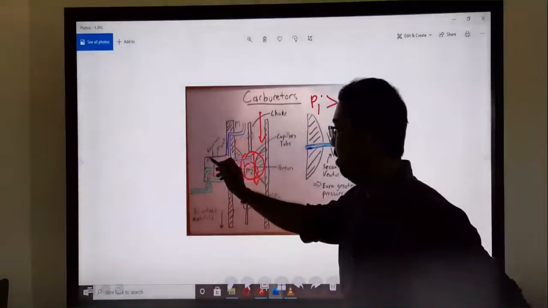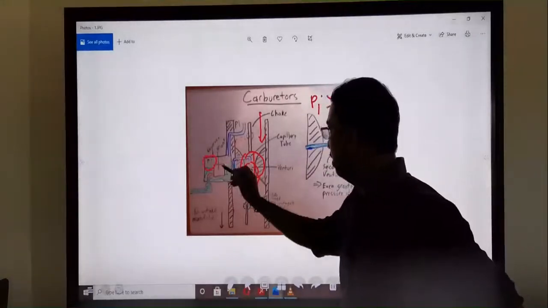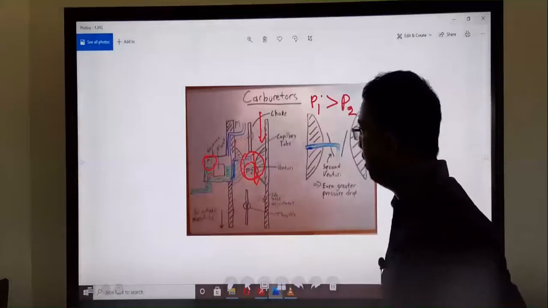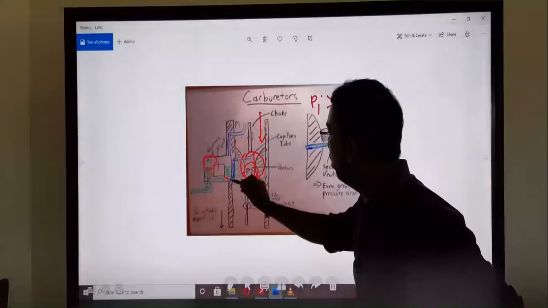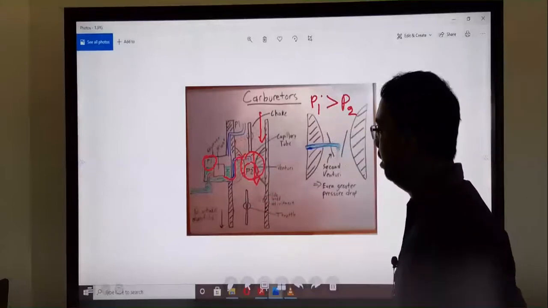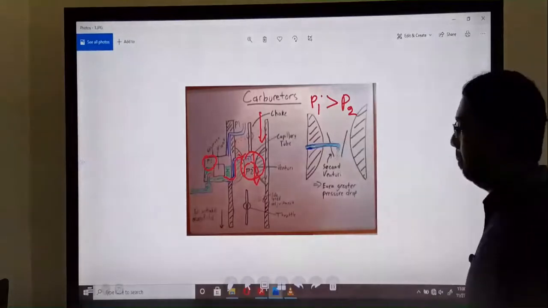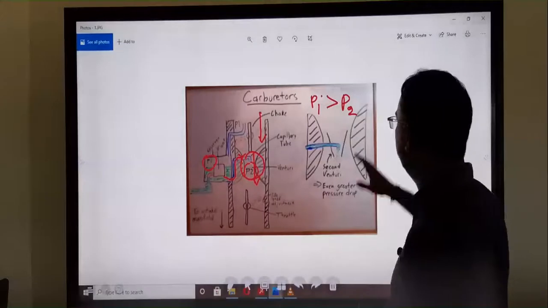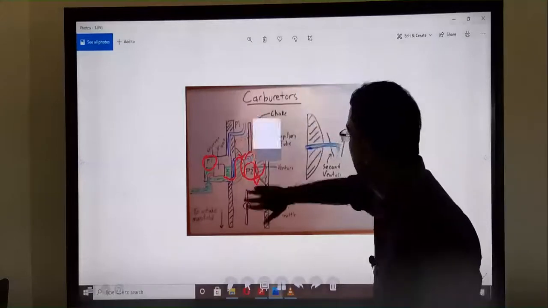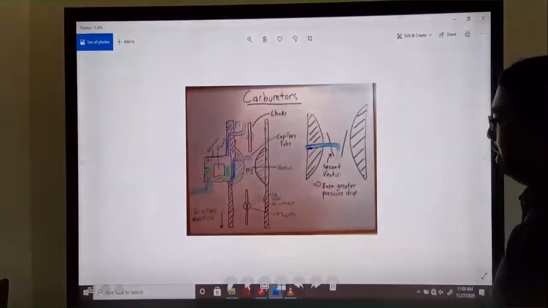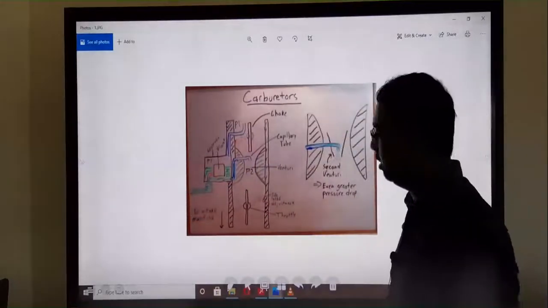There is a pressure difference between P1 and P2, so the fuel automatically comes to this area from high pressure to low pressure. This is the function of Bernoulli's law; most carburetors work under this condition.